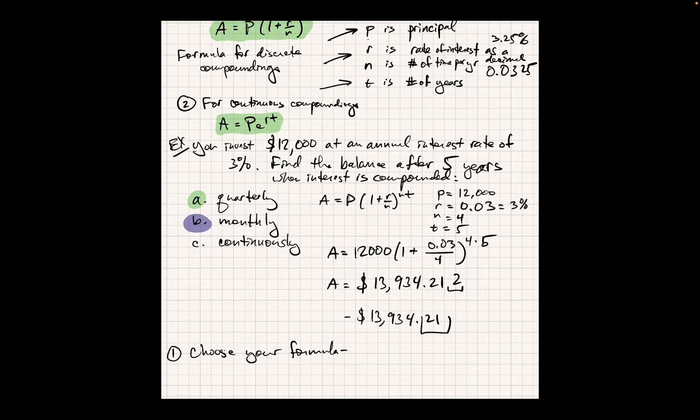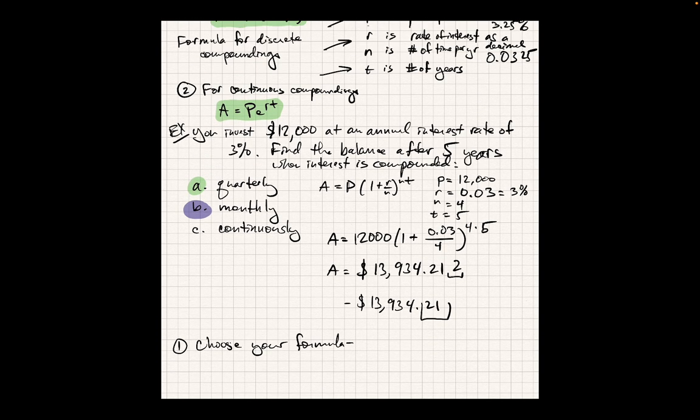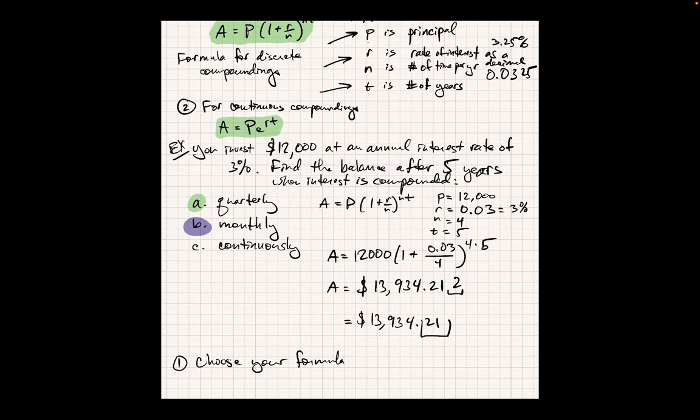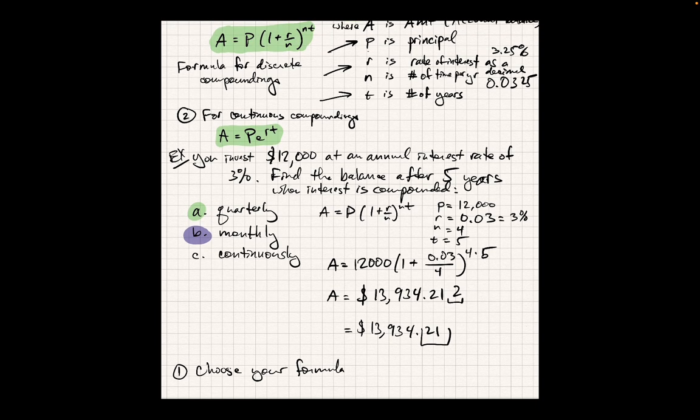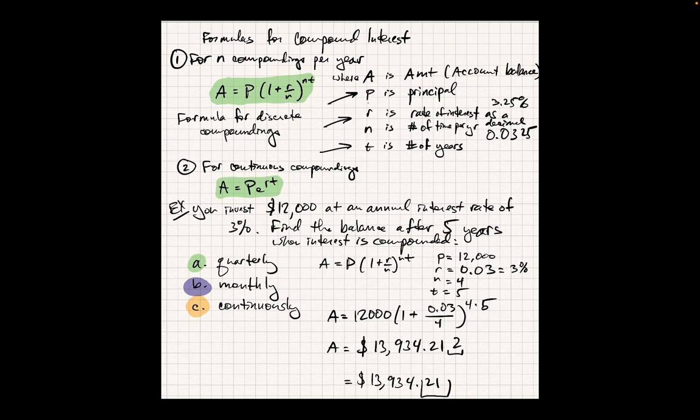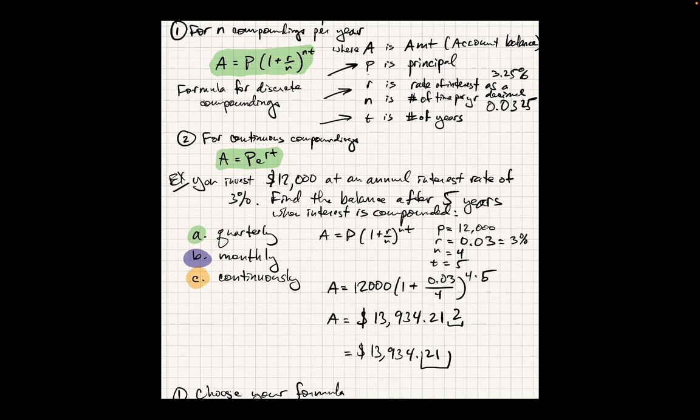Because for quarterly and monthly, it's giving you a set number of compoundings per year, whereas for number 2, it keeps compounding, it's always compounding instead of at certain moments. That's correct. The first one is just any set number of times, and that's what we mean by discrete. So a discrete number of compoundings, as opposed to continuous compounding.